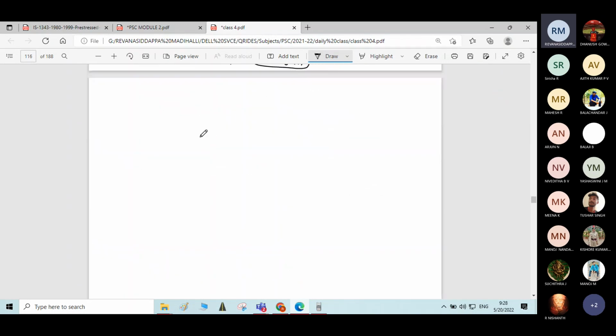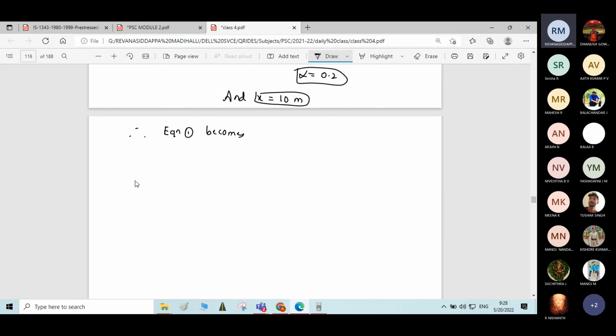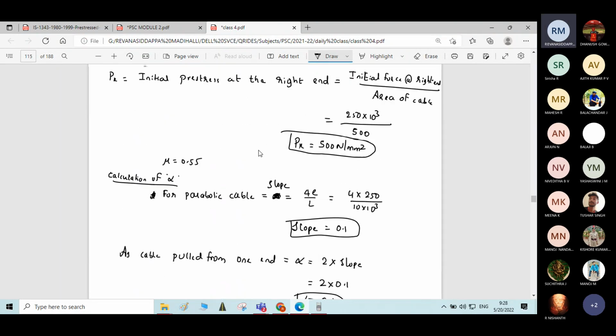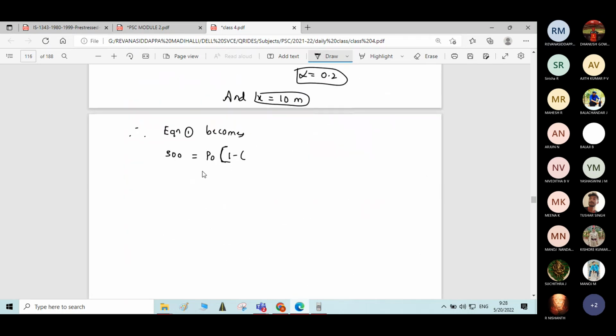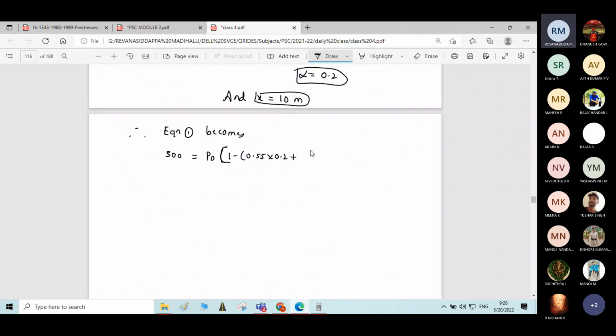Therefore equation 1 becomes: Px is 500 equals P naught into 1 minus mu alpha plus kx, that is 1 minus 0.55 into 0.2 plus 0.003 into 10.